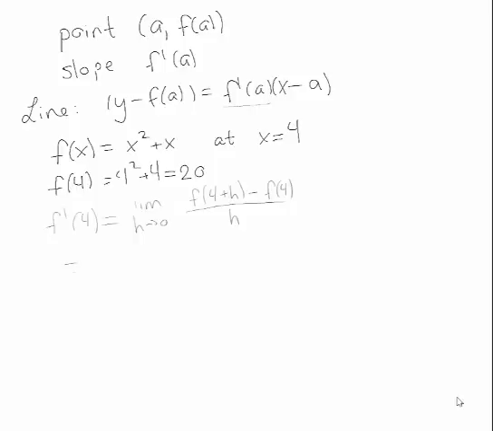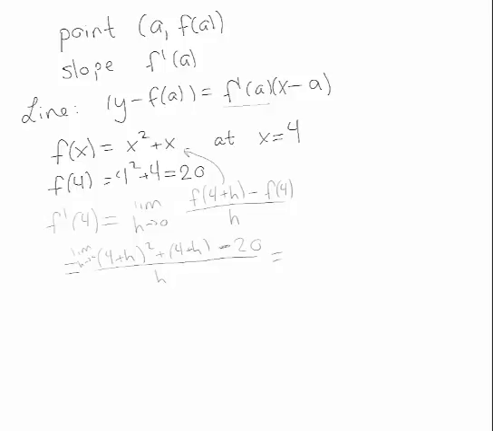So let's evaluate this. If I plug in 4 plus h for x, I get (4 plus h) squared plus (4 plus h), that's just plugging 4 plus h into x, minus f of 4, which I already found out is 20, divided by h, and of course this is a limit, not just a function.